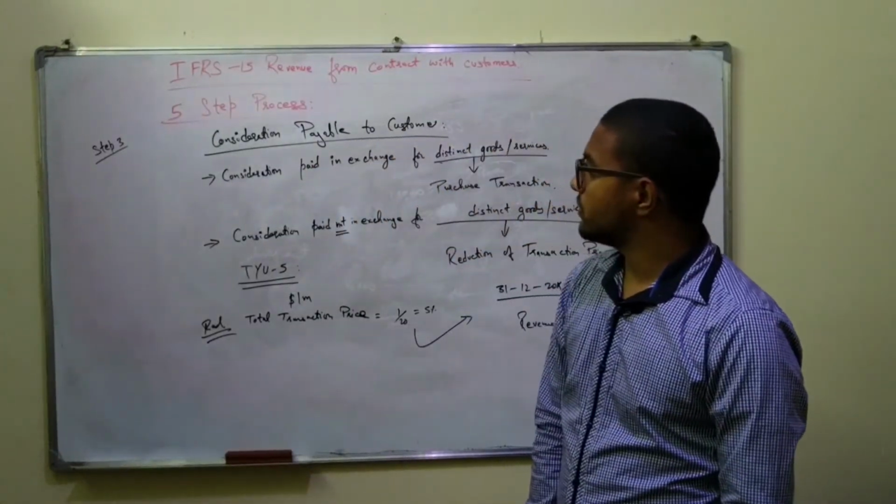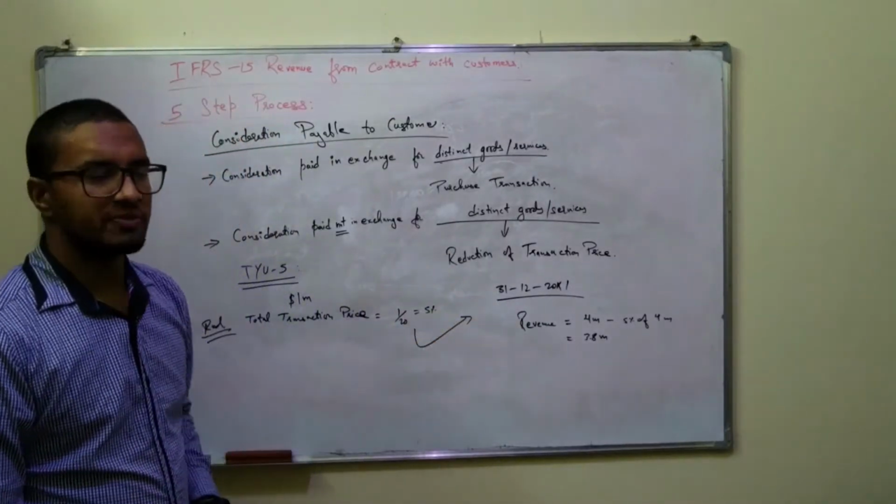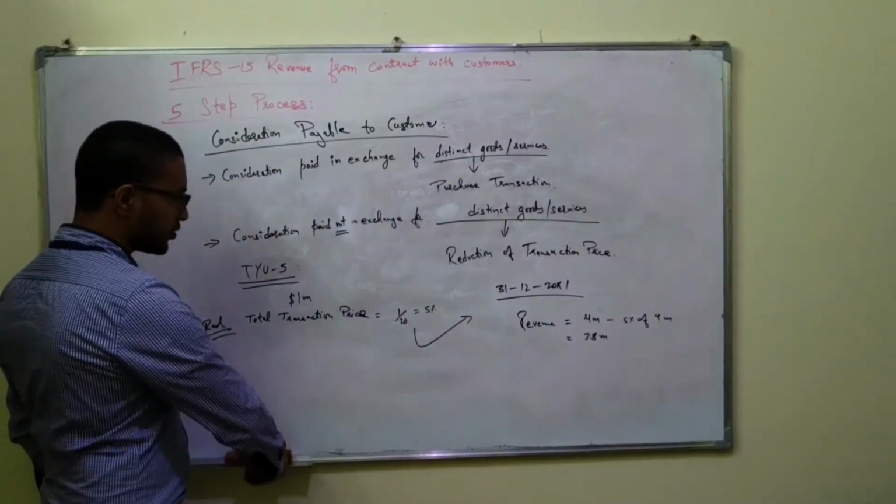And then after that, what we will look at is step 4. What we will do is allocate the transaction price to performance obligations. Let's do that.